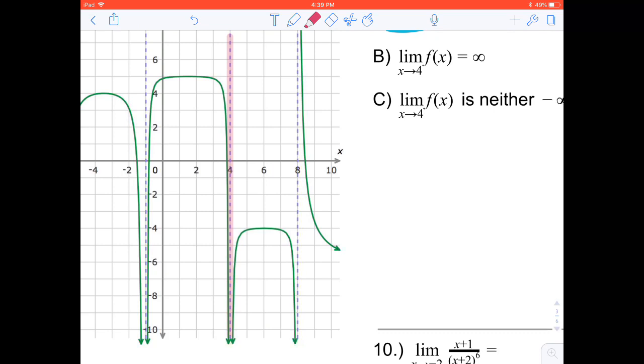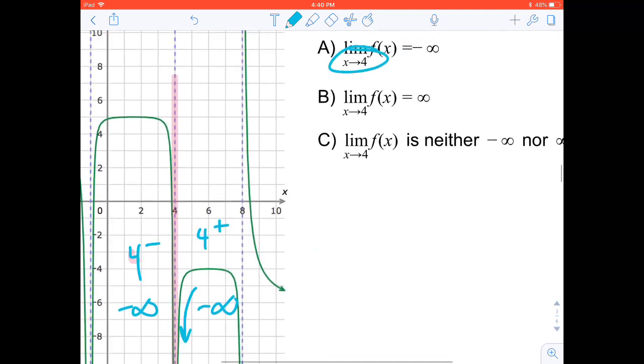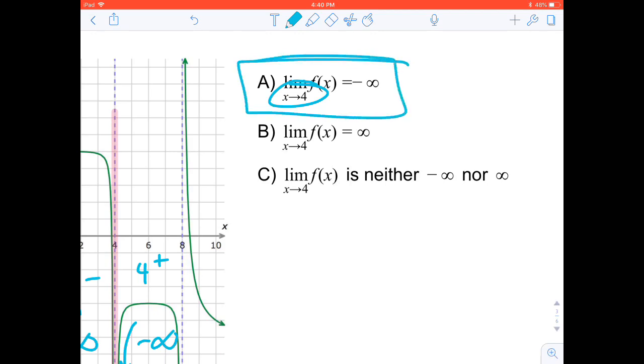I see that there's a vertical asymptote, so most likely it does not exist if they're going in different directions, but I see that on the left side of 4, all these y values are going to negative infinity, and on the right side of 4, these y values are still also going to negative infinity. So the left side is still equal to the right side in this case, so that means that the total limit is going to be negative infinity in this case.